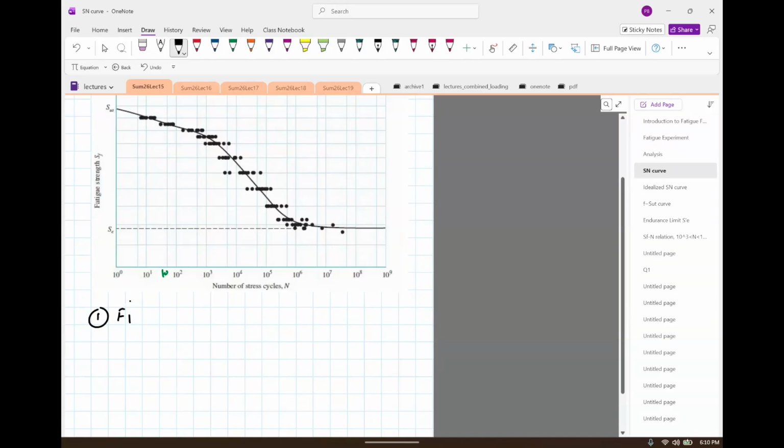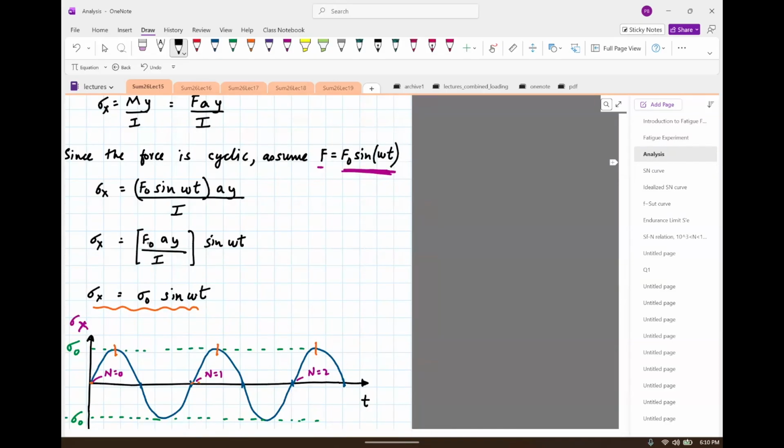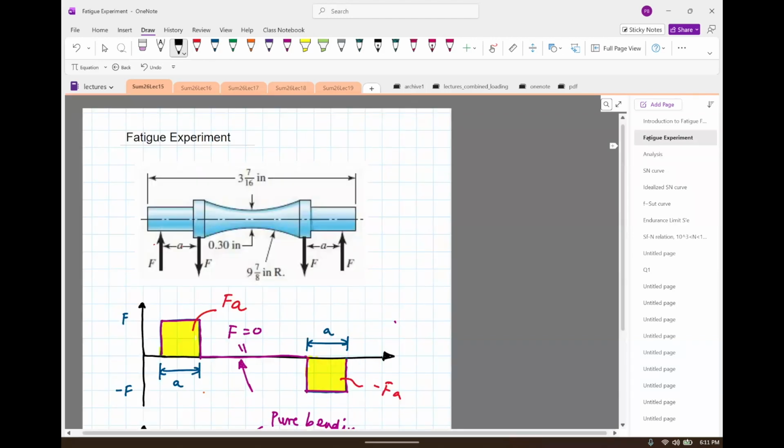First is we fix sigma 0. If you look at sigma 0, it's basically F0 A y over I. A, y, and I are constants for that particular specimen. I is the inertia and y is the distance from the neutral axis to the end of the specimen, and then F0 is just the load, right?